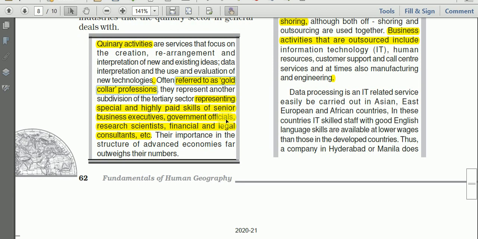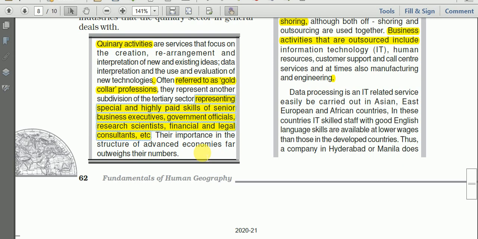Then the third important feature is given here. Quinary activities represent special and highly paid skills of senior business executives, government officials, research scientists, financial and legal consultants. Okay, so they are the highest level policy makers.